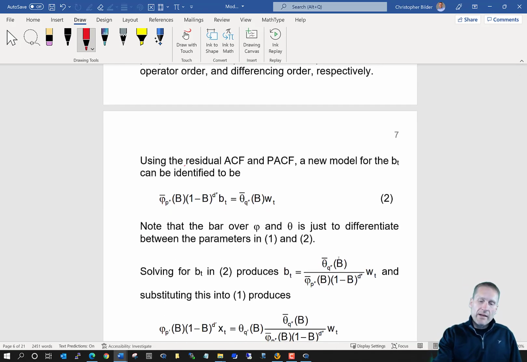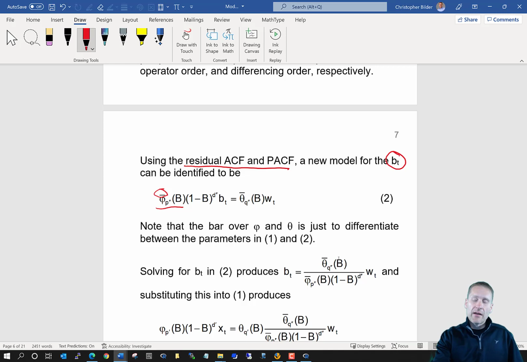Now let's say we did a residual ACF and PACF of the corresponding estimates for B_t from that previous model, and looked at the patterns in the ACF and PACF plots of these residuals, interpreting those patterns in the same way as we had done previously for the ACF and PACF plots of x_t. Suppose now for these residuals I have a corresponding model where I have an AR operator, and I put a line on top of it to distinguish it from the previous AR operator.